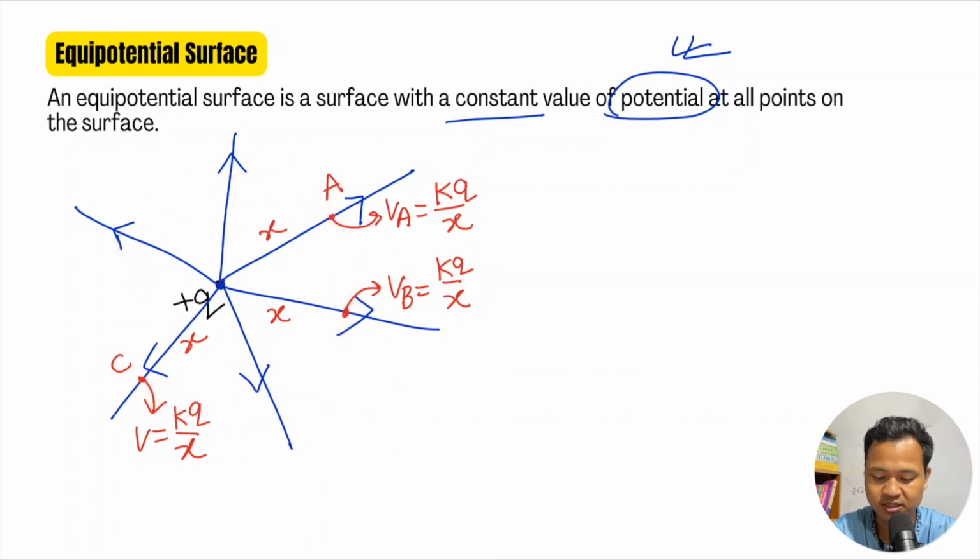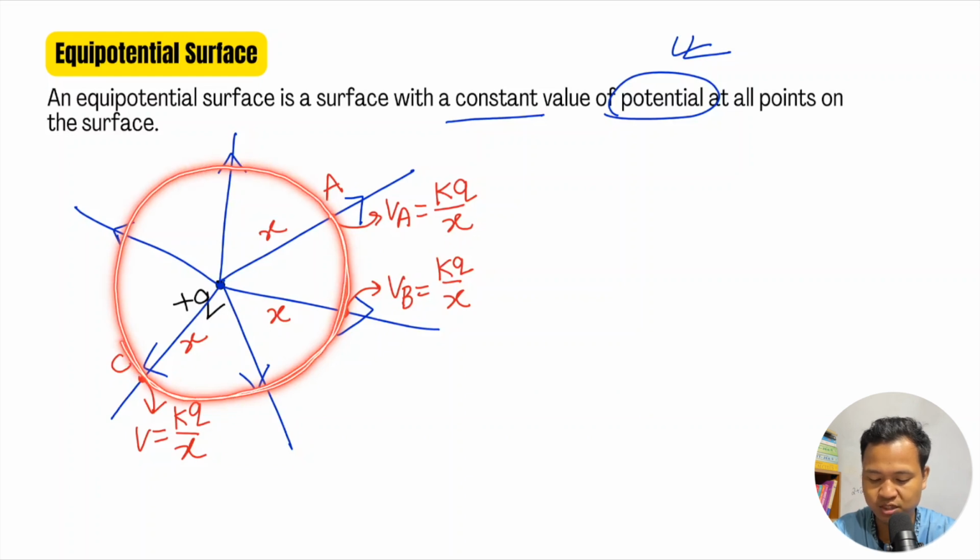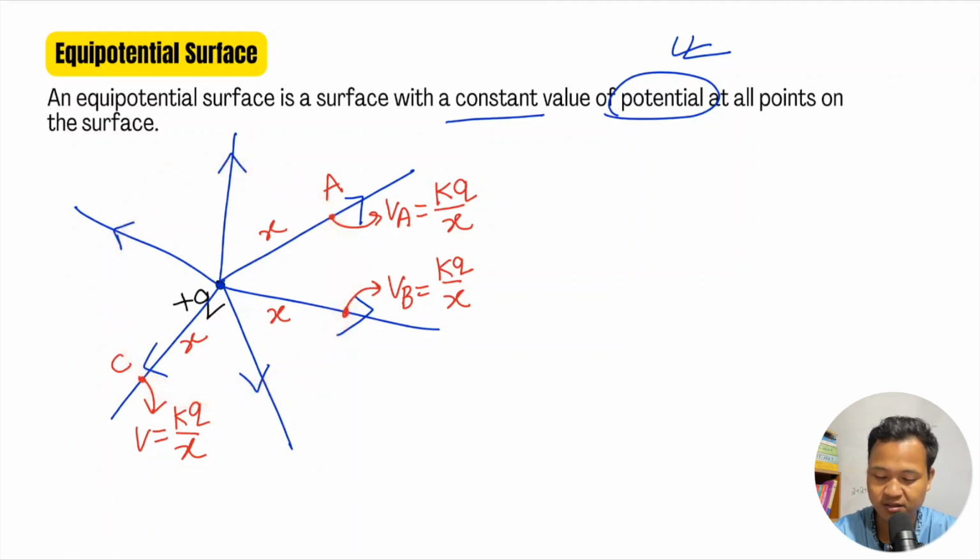In 3D, the locus of these points forms a surface, and you will have a spherical equipotential surface.